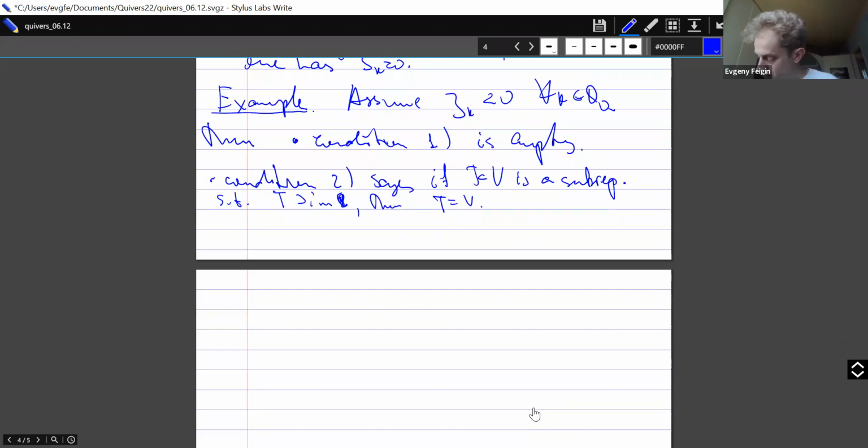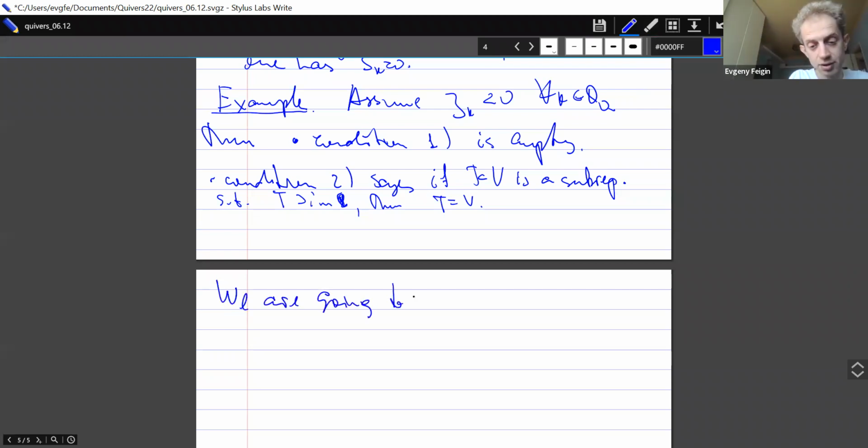Let's maybe finish the definition and then look at some examples. So let me state the following theorem. I'm not going to prove this. I should say here that we are going to work only with psi in R positive, or psi in R negative.